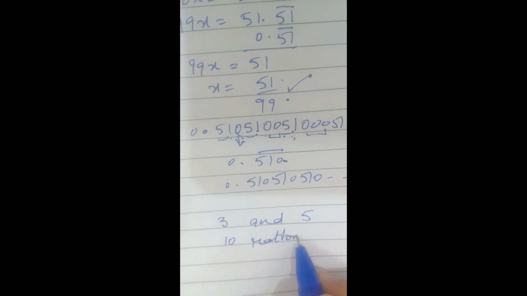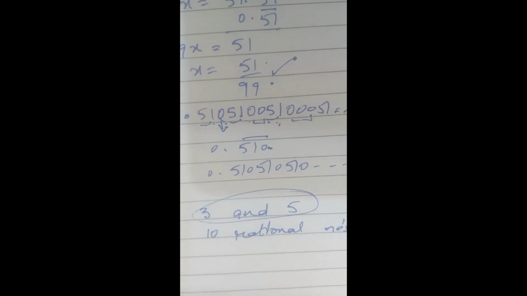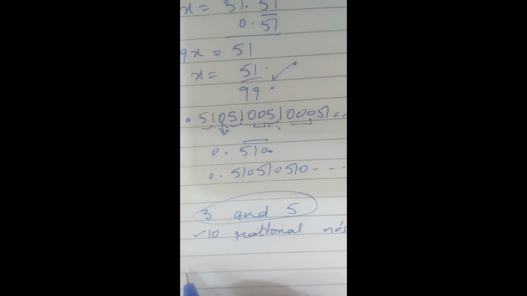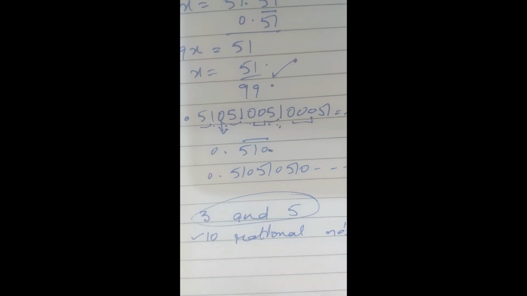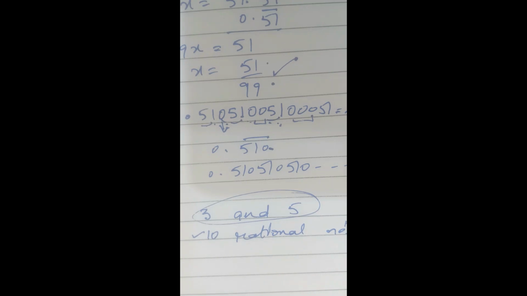For example, if I have to write 10 rational numbers between 3 and 5, what I always suggest to the students is to choose a number more than 10. It can be 11, it can be 12, it can be 20, 100, 1000, 500, 700, anyone, right?